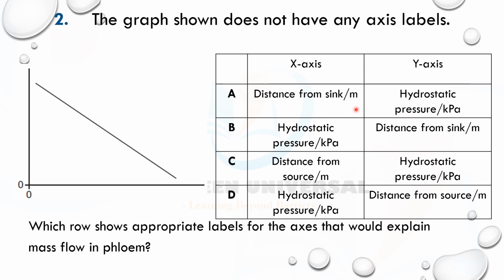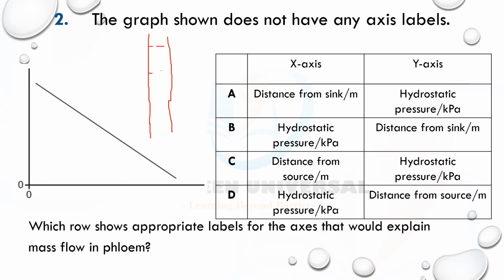Which one affects which one? Is it distance from the sink or from the source? Don't forget that sucrose moves from source to sink. So this is the phloem vessel, and like I drew in the other question, I don't want to repeat it here.